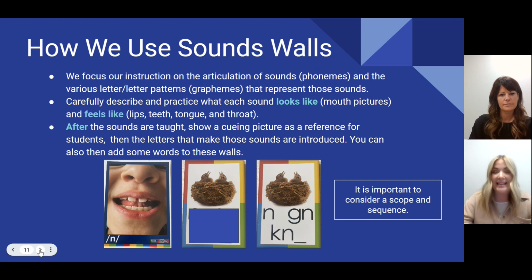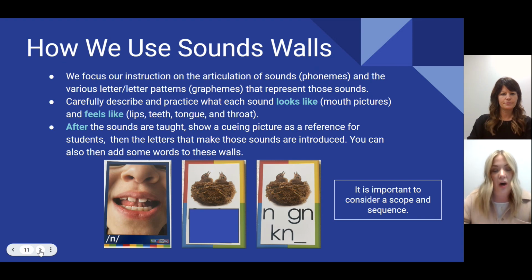When we talk about what it looks like, that mouth picture is right there for your students to look at, to see and mimic their mouth, making that correct movement and creating the sound in the appropriate way. And when we talk about how it feels, we're looking at what our lips are doing, what our teeth are doing, what our tongue and throat are doing as well. We'll get a little bit more into those questions momentarily.